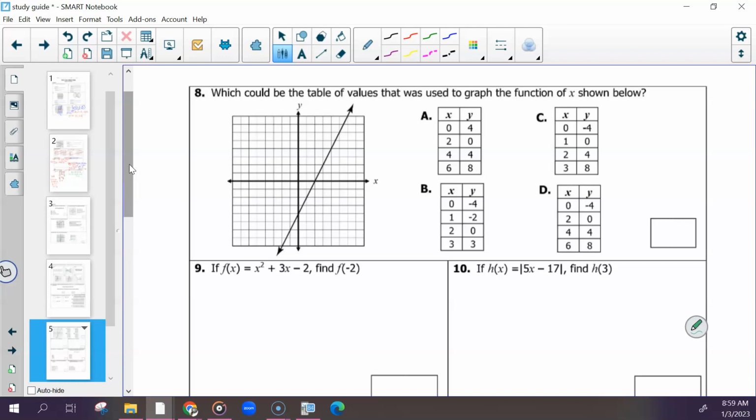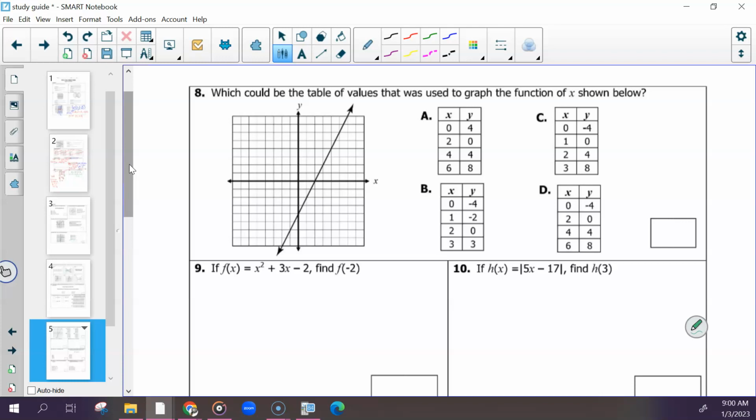Regina? Like for 26? Yeah, ask your question one more time. How can you tell when you're finding the domain and when you're finding the range? Okay, so in question 26, it'll tell you find the range when the domain is, so you know you're finding range.